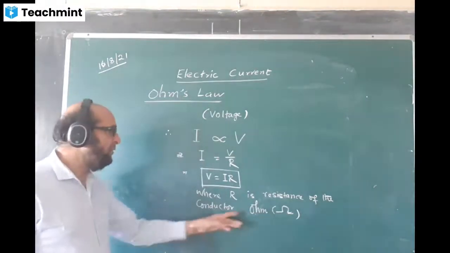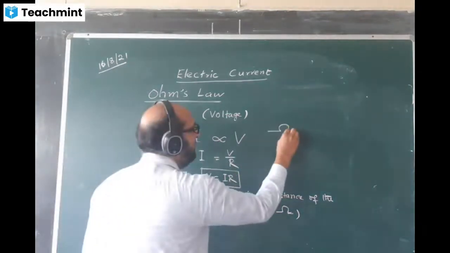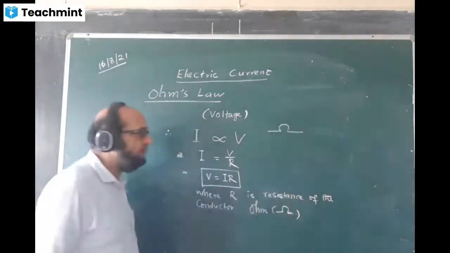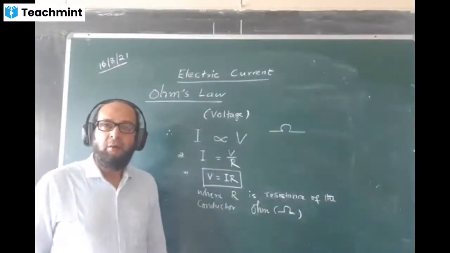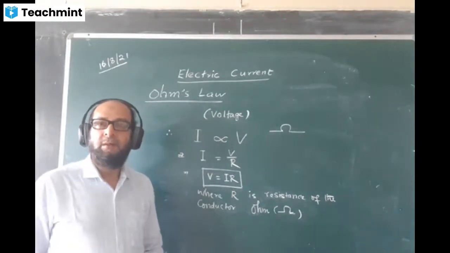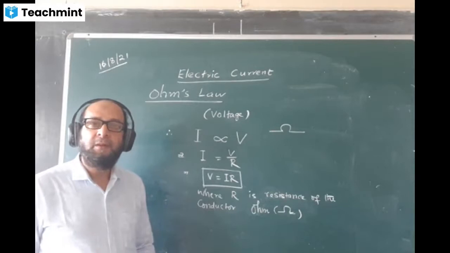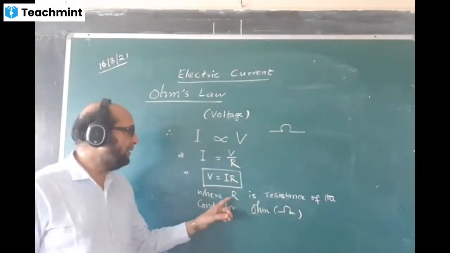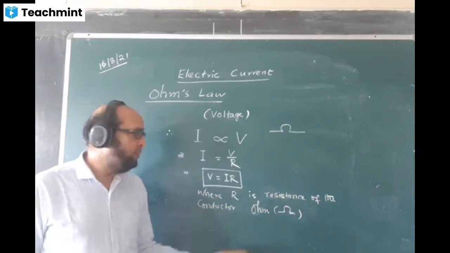With the SI unit ohm, bracket omega. You write omega like this. This symbol is read as omega, which represents ohm. The SI unit of resistance is ohm.